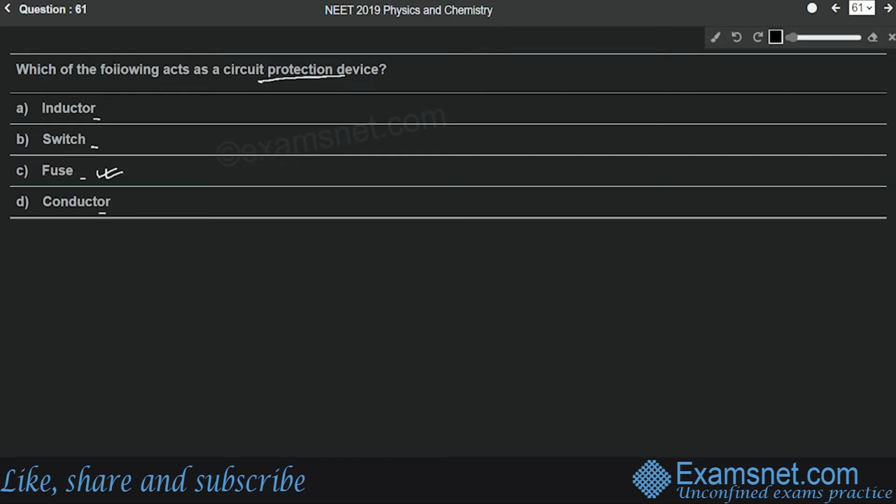So let's write it down here. Fuse wire has a low melting point, so when excess current is passed or flows, then what happens?